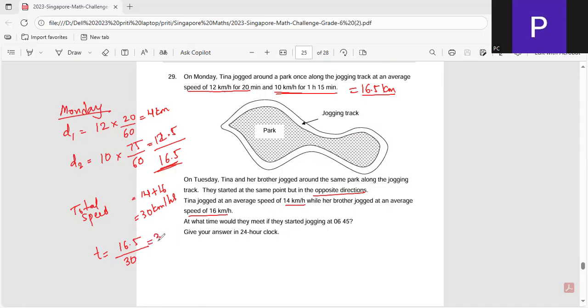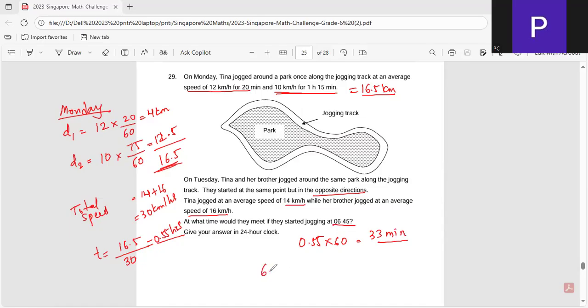So we get 33. No, that will be 0.55 hours. Now this is 0.55 hours. Let's convert this into minutes by multiplying by 60. So you'll get 33 minutes.